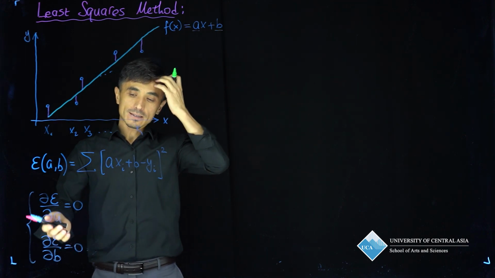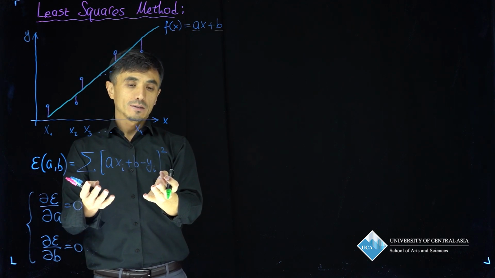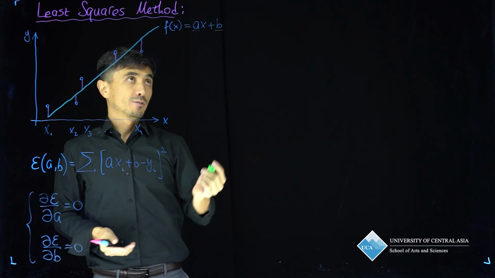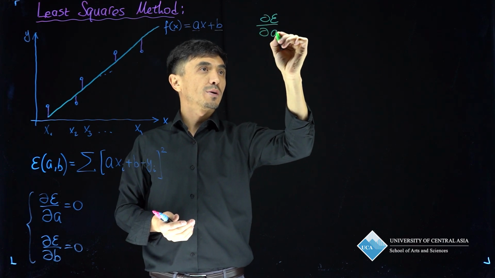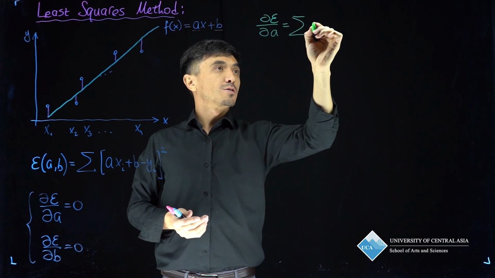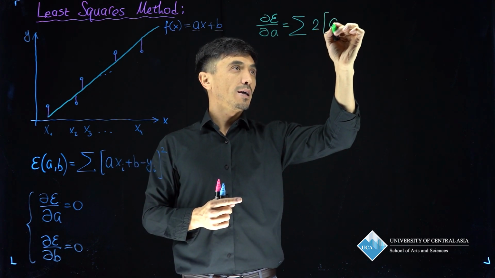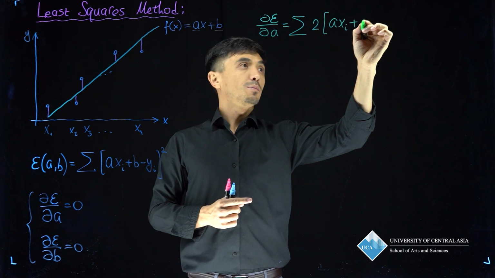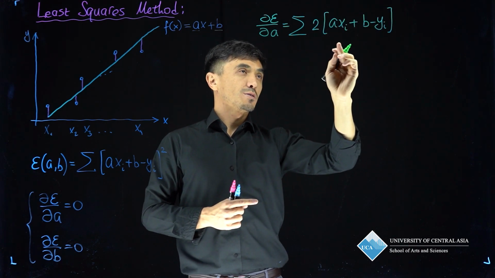Okay, now let's take a derivative of this error with respect to a. So we know that the derivative of a sum is equal to the sum of derivatives. So we can say that the derivative of error with respect to a is going to be, by the chain rule, 2 comes here, and axi plus b minus yi, and the derivative of the inside with respect to a.